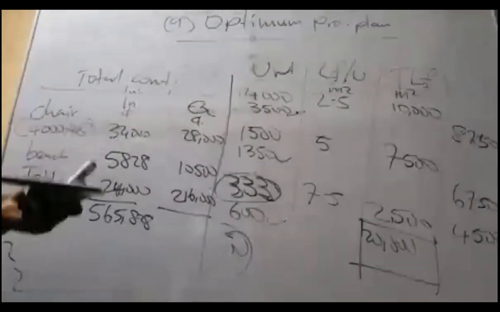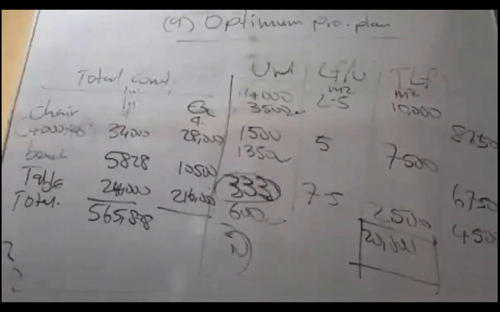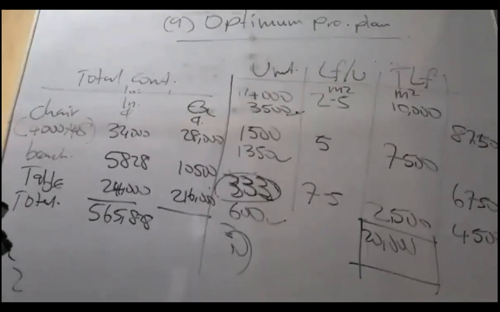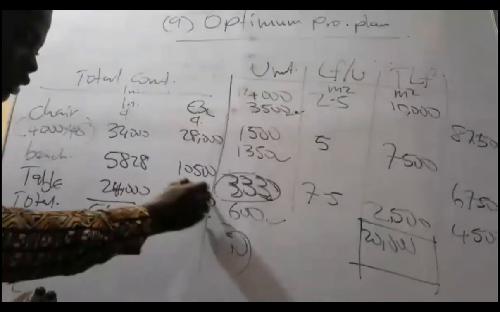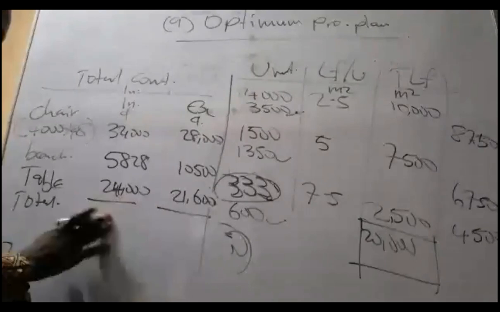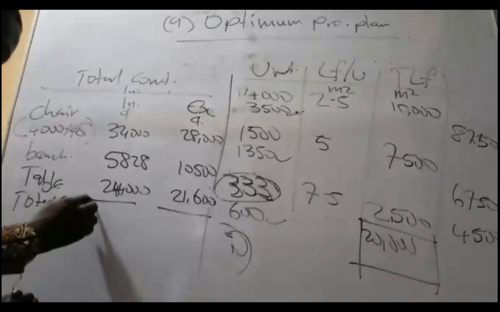Table is the one that we had 1,350 times 16, so 21,600. Now let's add all: 32,000 plus 5,828 plus 24,000. That gives us 61,828.